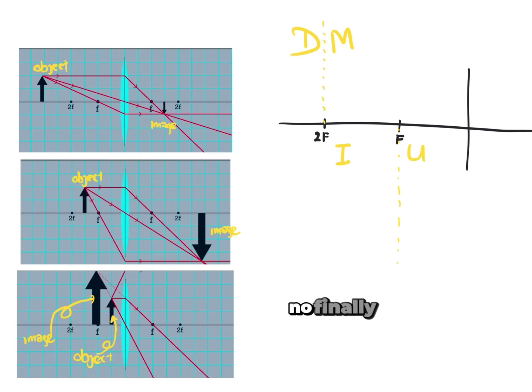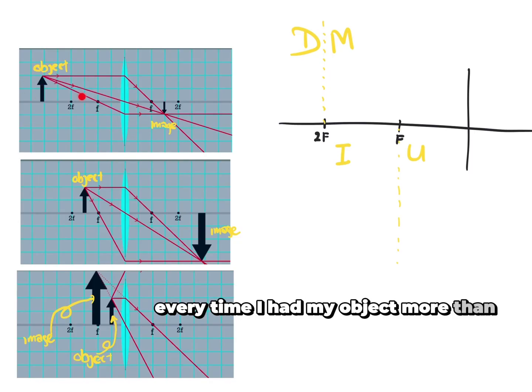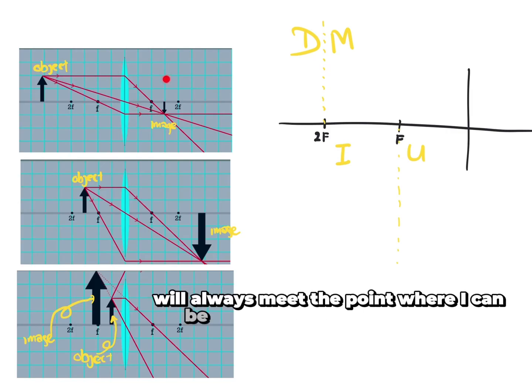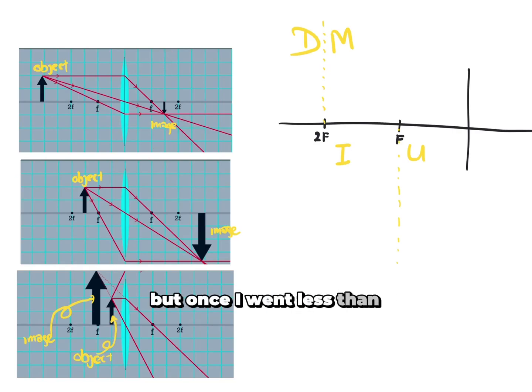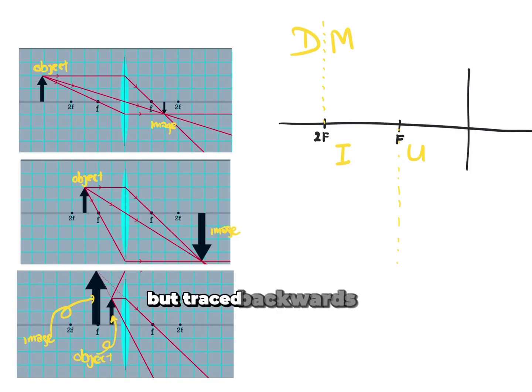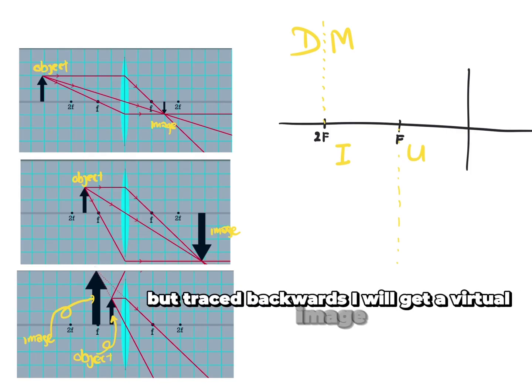Now, finally, every time I had my object more than F, my light rays will always meet at a point where it can be produced on the screen, correct? But once I went less than F, or even at F, I would have my light rays not meeting at any one point on the opposite side of the lens, but traced backwards, I will get a virtual image.